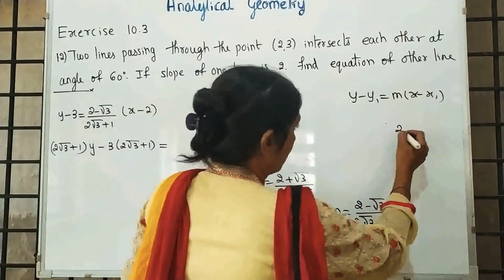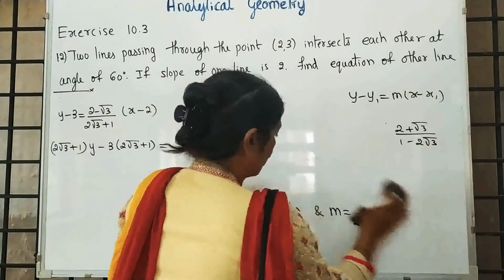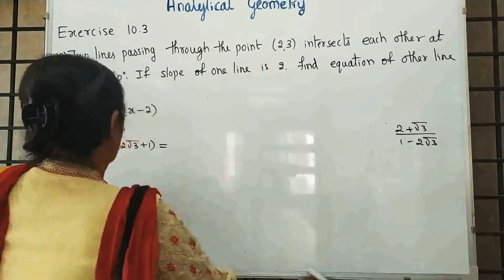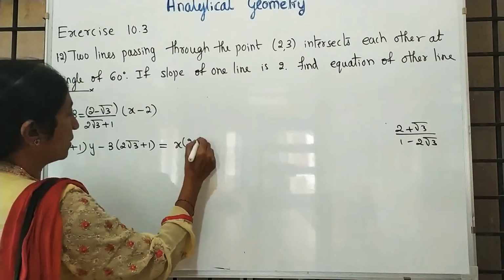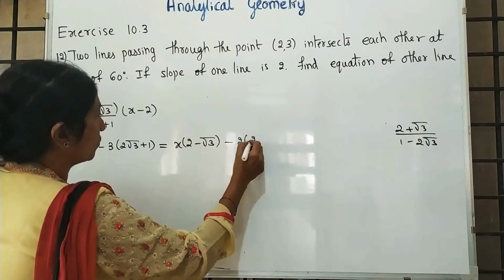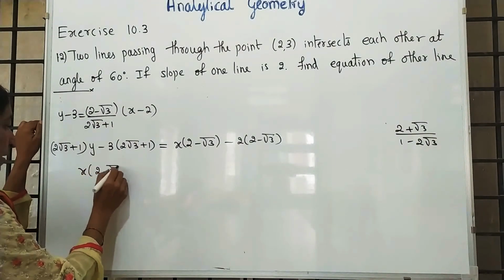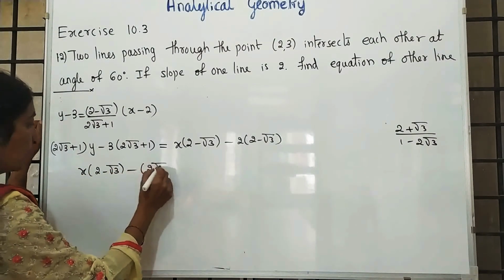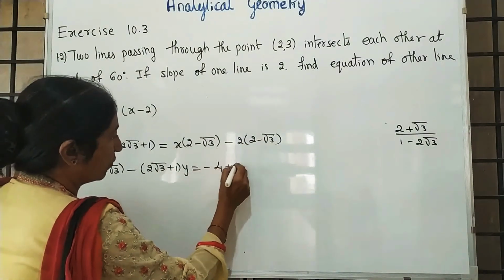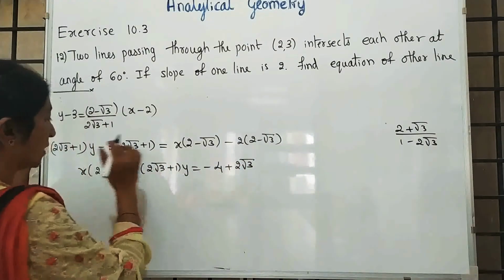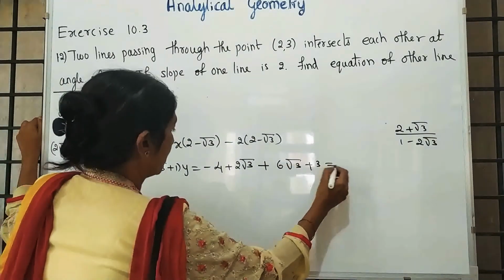(2 minus root 3) into (x minus 2). Here I kept x as it is, x into (2 minus root 3), and I removed the bracket, minus 4 plus 2 root 3 plus 6 root 3 plus 3 is equal to 0.